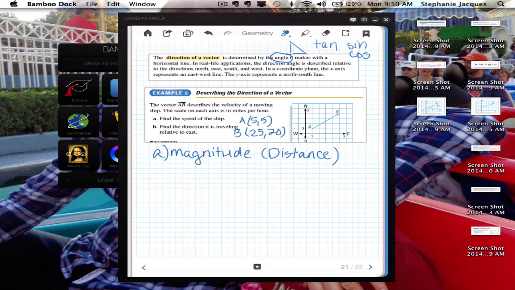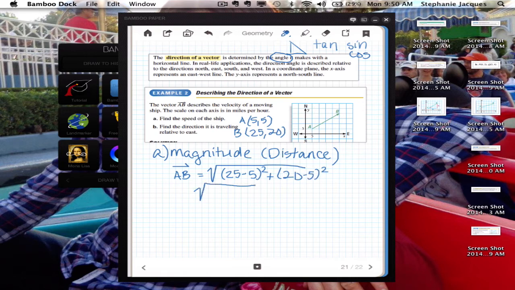So now we can use these points to find the magnitude. So I say the vector of AB is equal to the square root of 25 minus 5 squared plus 20 minus 5 squared.